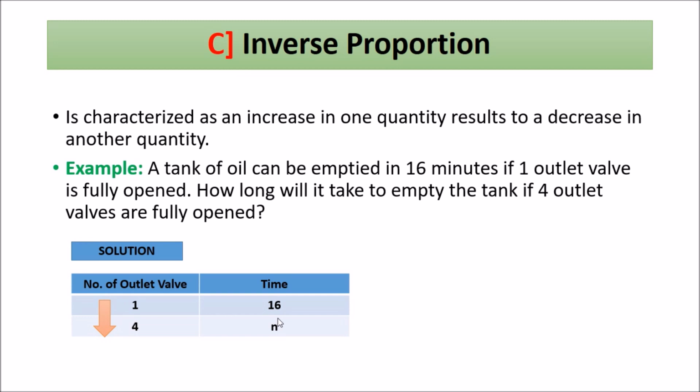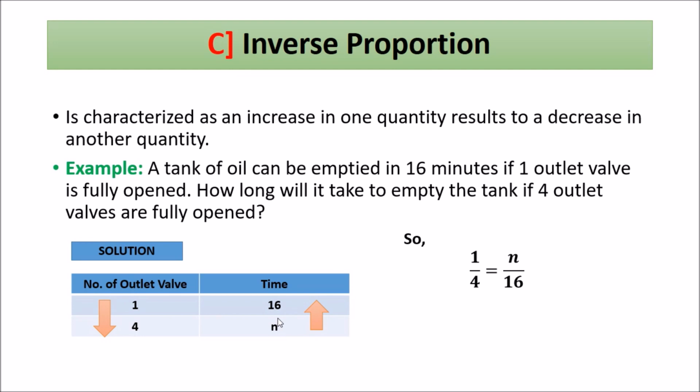So 1 is to 4, and then n is to 16. Take note of the arrow there: 1 is to 4, then n is to 16. So you are given 1 over 4 equals n over 16. And that's how we made this equation using the inverse proportion.